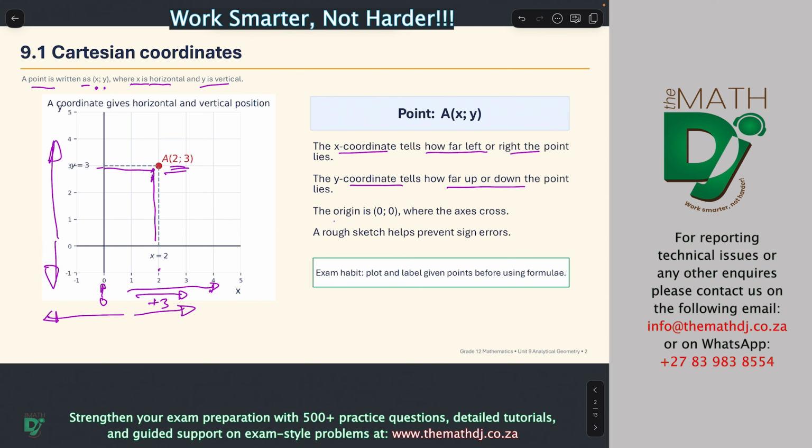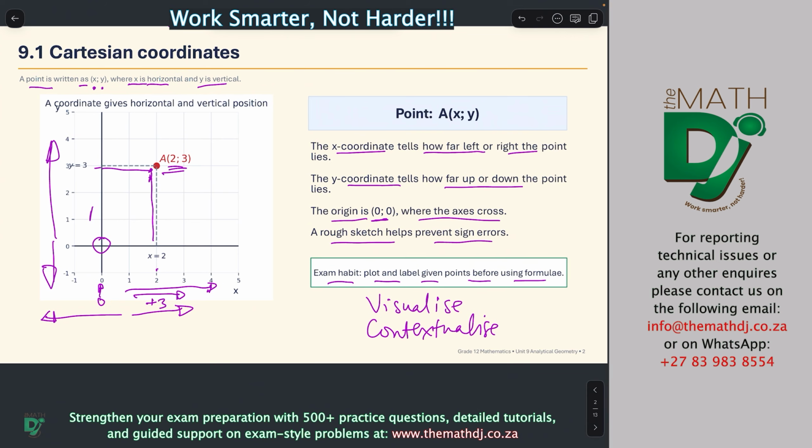The origin, which is (0, 0), is where the axes cross. Then a sketch helps prevent errors. So the exam habit is to plot and label given points before using the formula. This will help you to visualize and contextualize the question. That is an exam tip.